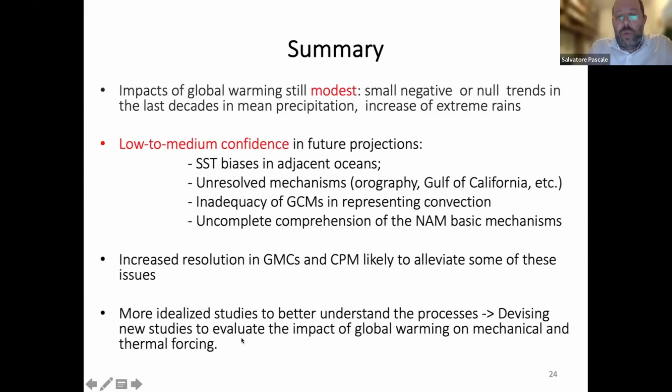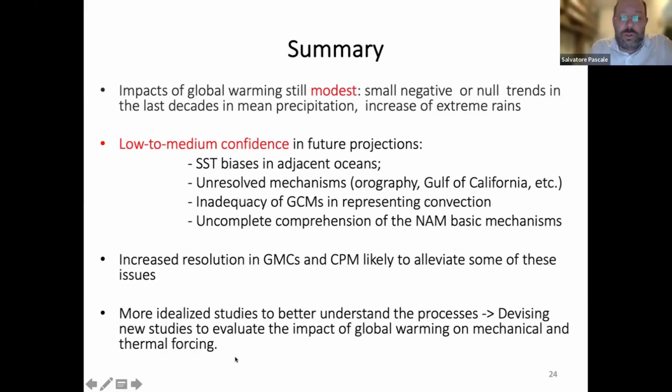Also, we are in a moment in which convection permitting models are being devised and run not just for limited regions, but also for global domains, even though still with very limited time duration. But we may think that in the coming years, general circulation models will start being routinely run with resolved convection. So this again may alleviate some of these issues.